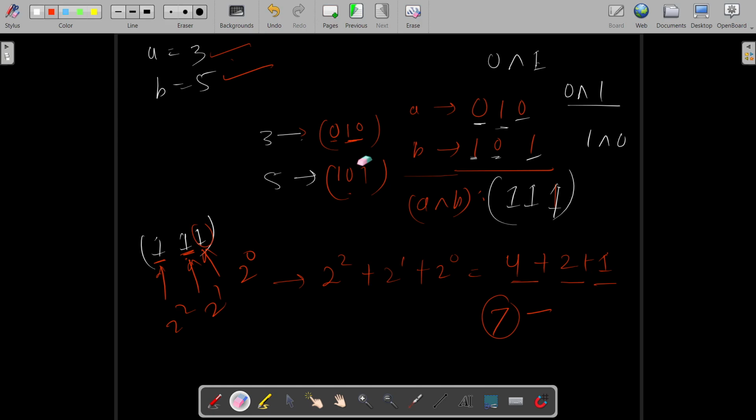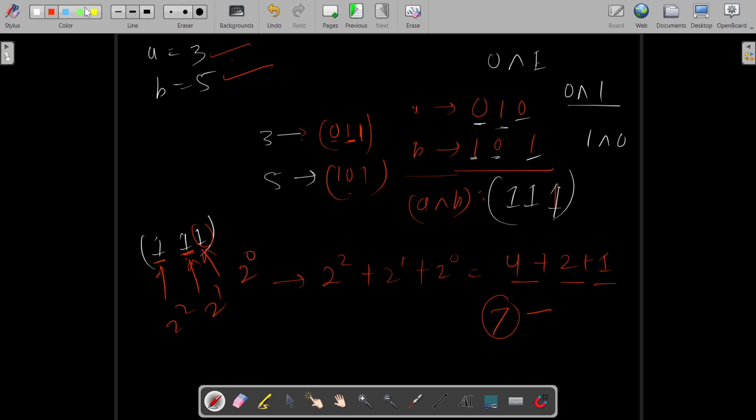So we did something wrong here. 3 is represented by, okay, I got it. What is the mistake actually? The mistake is here. We did something wrong with the binary representation. So this would have been 1.